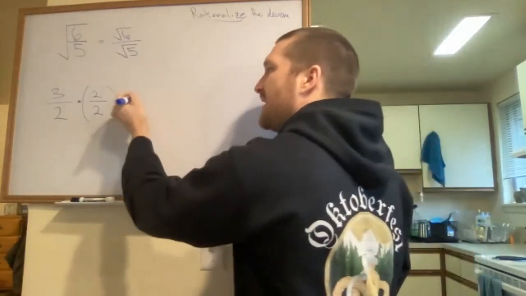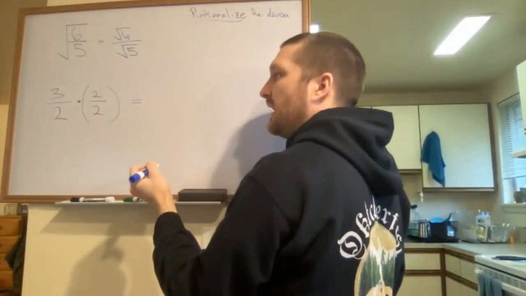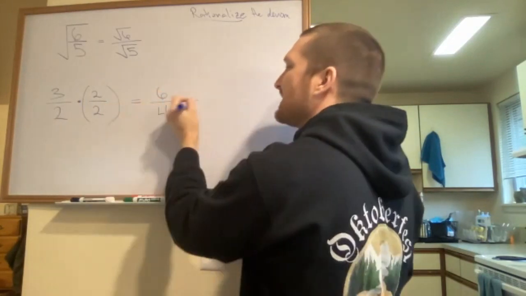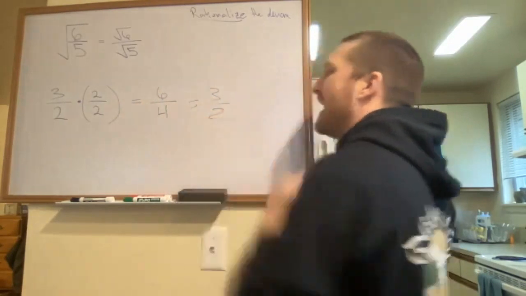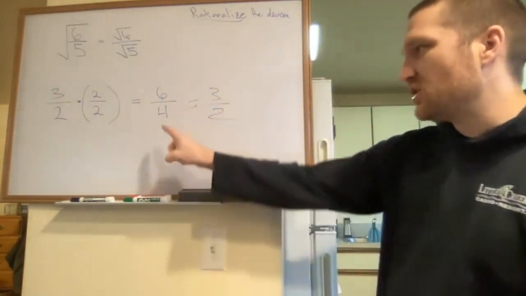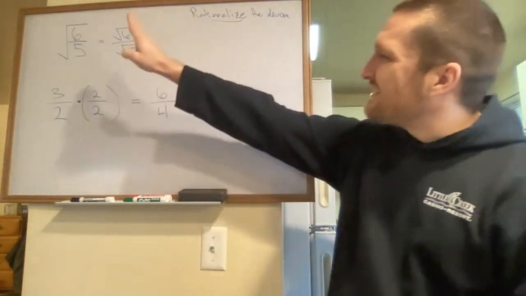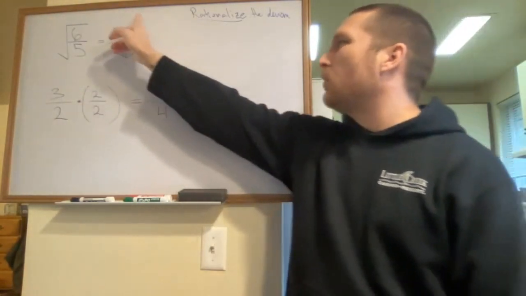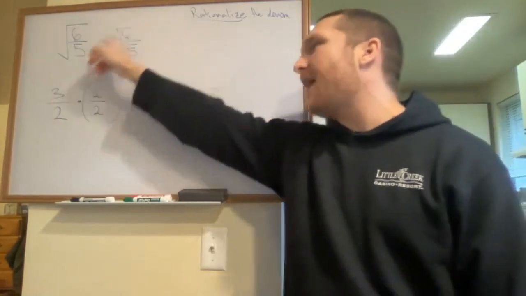I'll still have 3/2. And I would rewrite this as 6/4. And indeed, yes, 6/4 is still equal to 3/2. I've just changed the way that it looks, right? This is the same game right here. We need to change the way this looks, but we don't want to change the overall fraction.